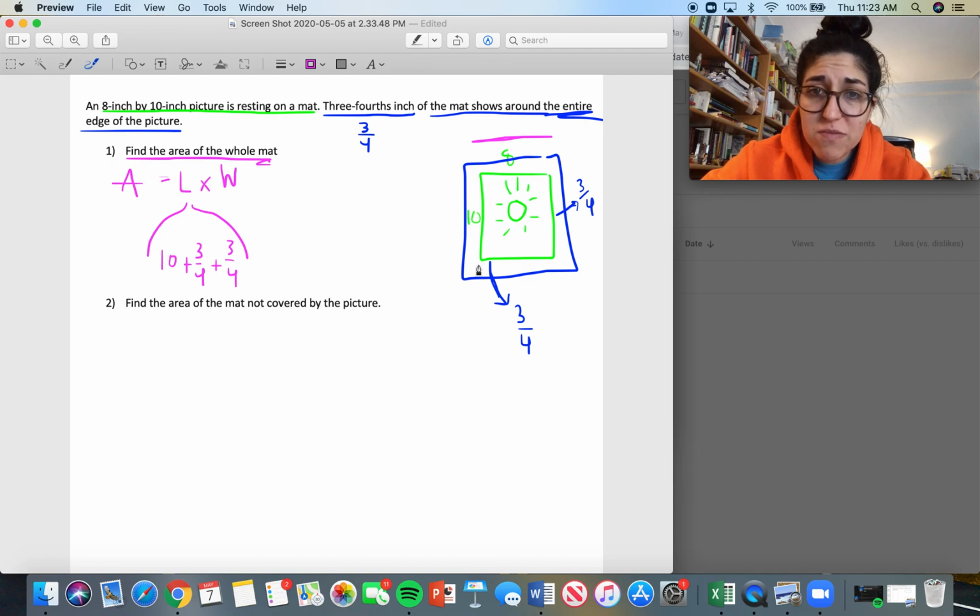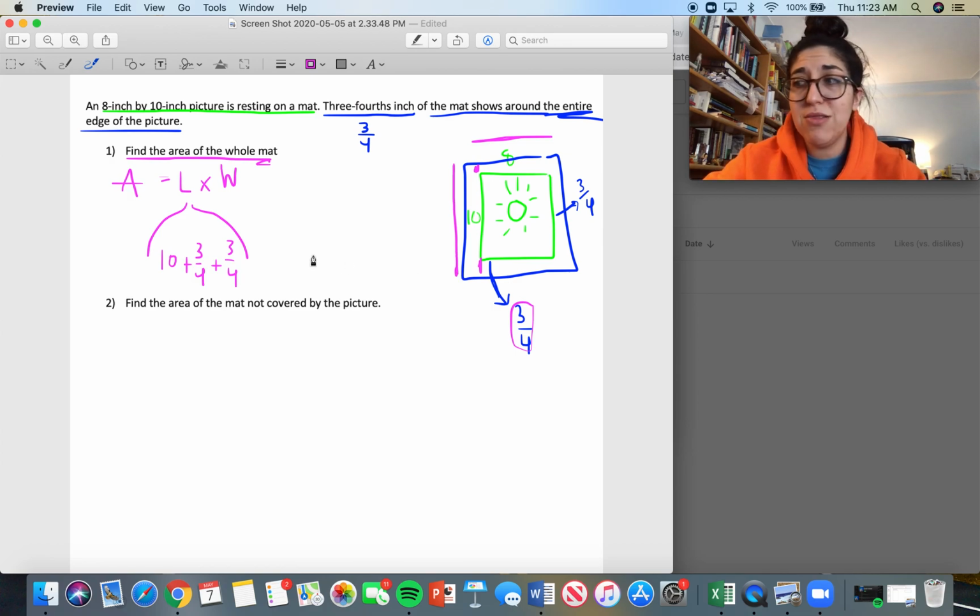But then we have this small space here, which we were told is 3/4 of an inch. And we have this small space here, right, between the picture and the edge of the mat, which we were also told is 3/4 of an inch. So when I'm adding all of it together, I'm doing 3/4 of an inch plus the 10 inches plus another 3/4 of an inch. And that's how I would find the length.